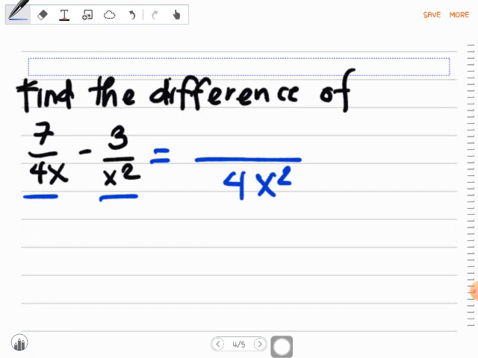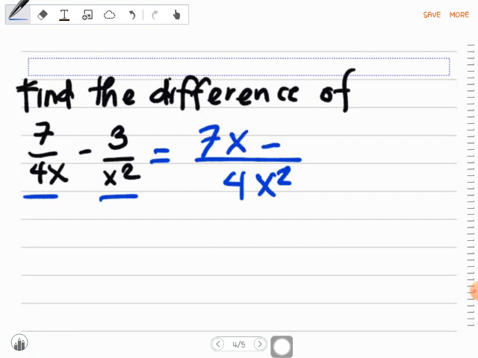And then, 4 divide 4 is 1. Times 7 is 7. x squared divide x, still, meron pa rin tayong isang x na matitira. Tama? So, x, i-add mo siya kay 7.